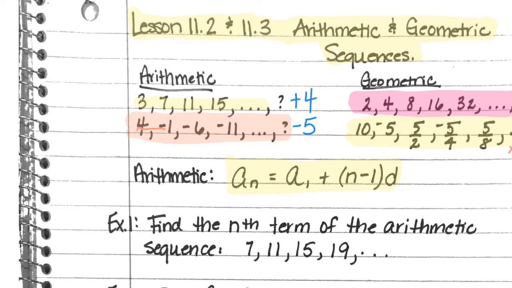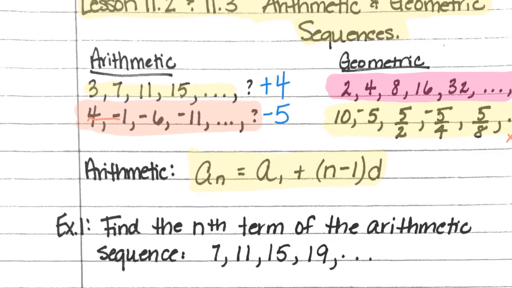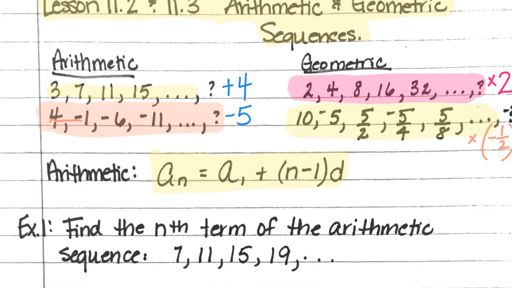So let's look at example 1. Example 1 says, find the nth term of the arithmetic sequence. So if I have to find the nth term, we're going to write this with the nth term. We don't know a sub n. We do know the first term is 7. We don't know the nth at all. And if I look here, everything looks like it's going up by 4, up by 4, up by 4.